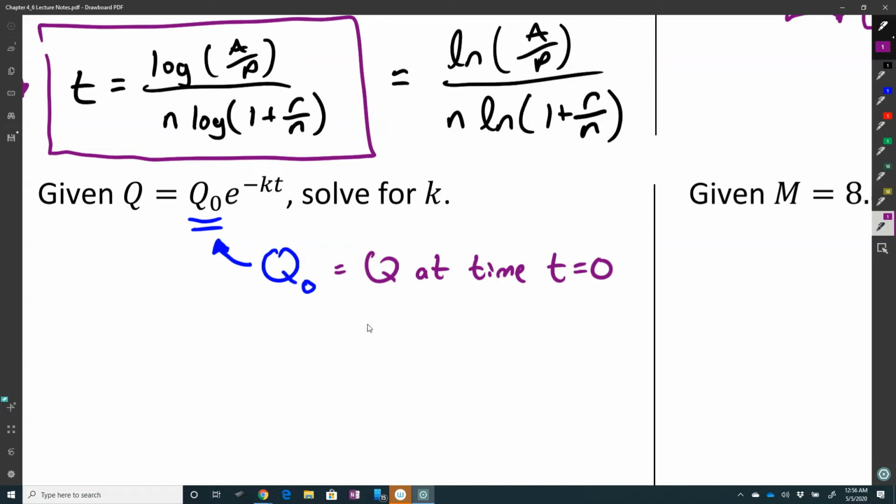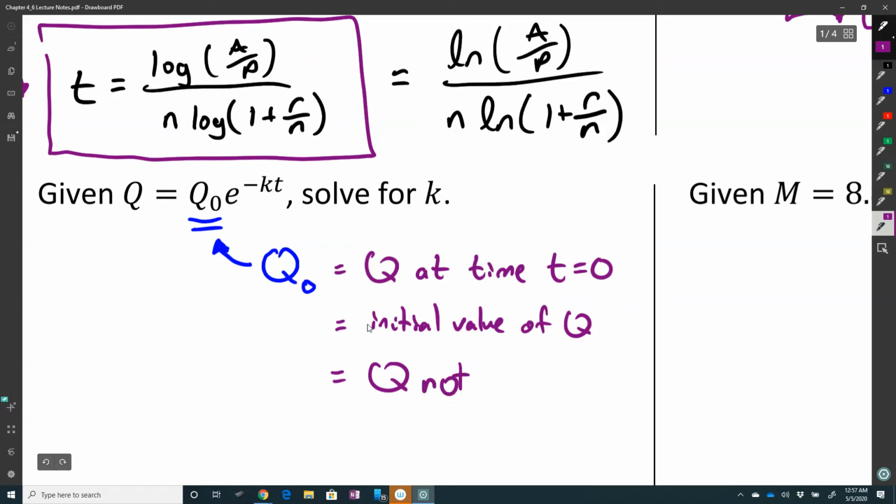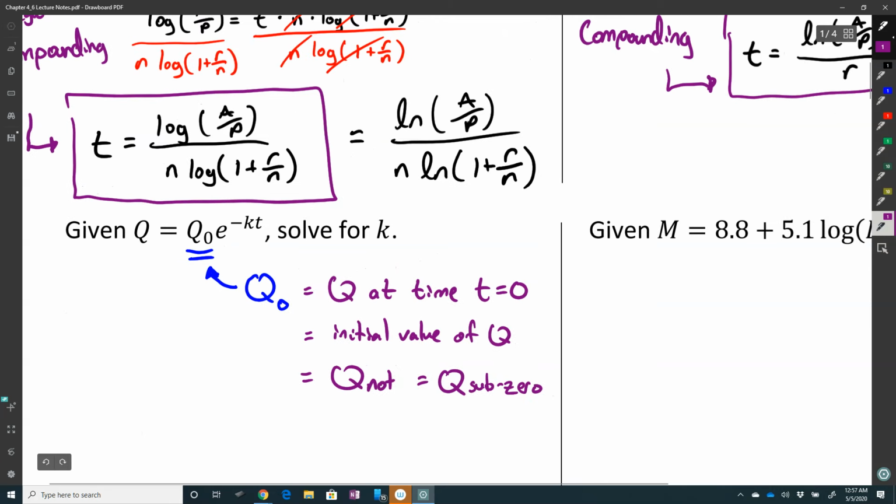Another word for it is the initial value. Usually what I call it is Q naught, or you can call it Q sub 0. Subscript, sub for subscript. It sounds like a Mortal Kombat character, but however you want to say it. Usually I'll just say Q naught.